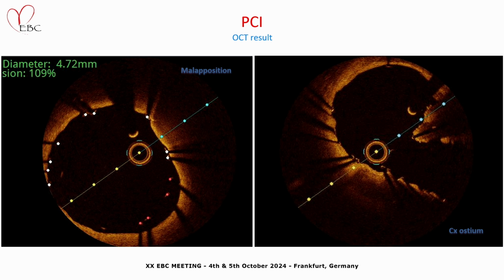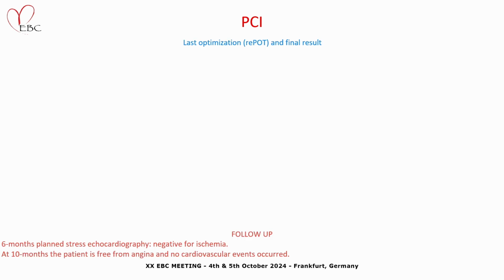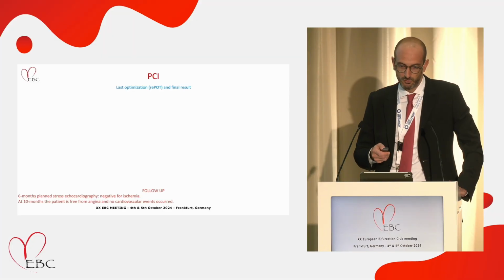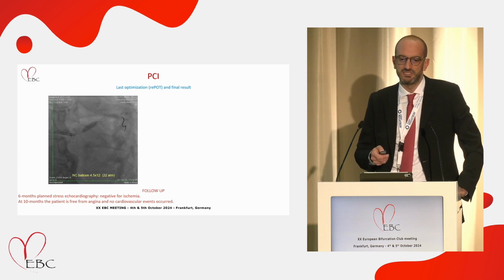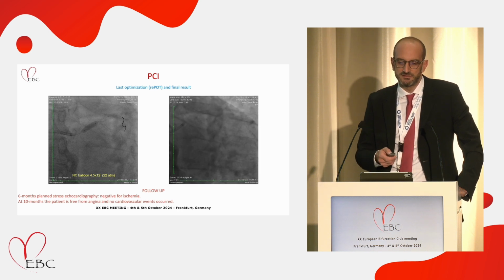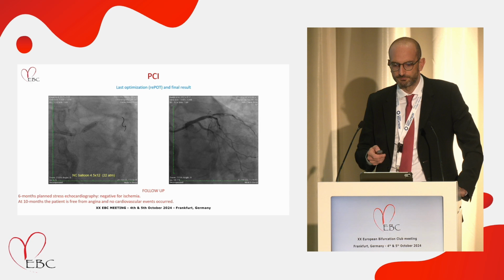But we decided to finalize the procedure with the last optimization with the same balloon, so we didn't upgrade the size, we upgraded only the atmospheres, we went to 22, and then this is the final result, just angio.